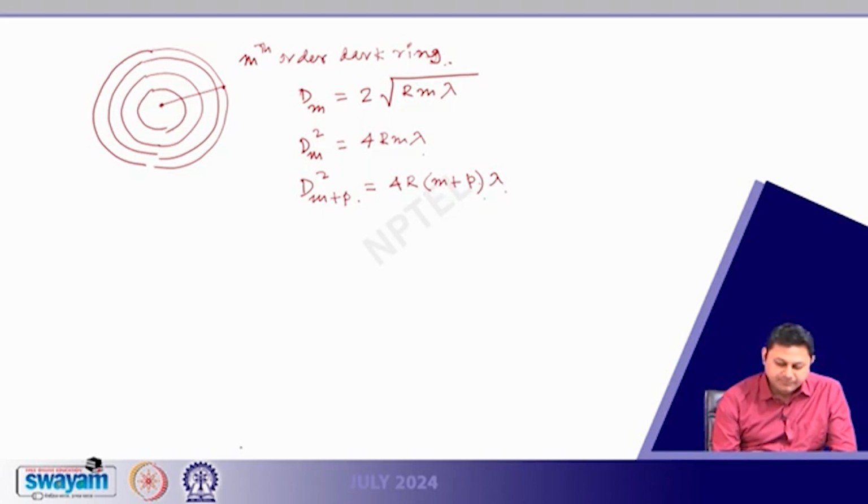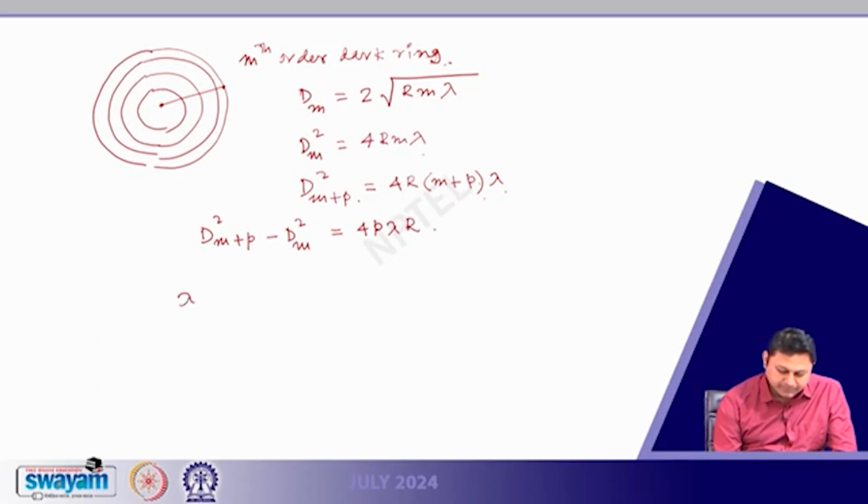If I subtract, this we can measure experimentally, the left hand side, and then we play with the numbers. Then we have 4 p lambda r.